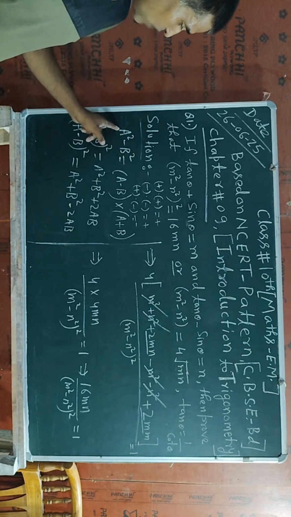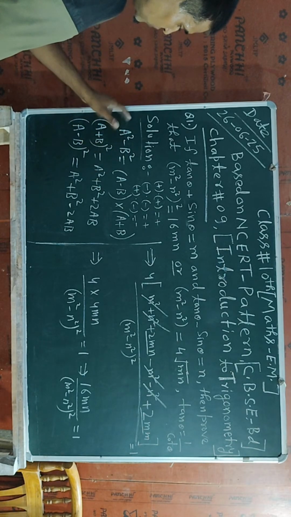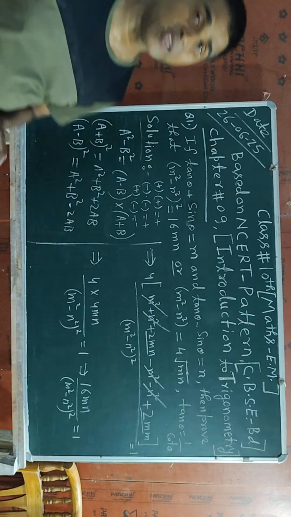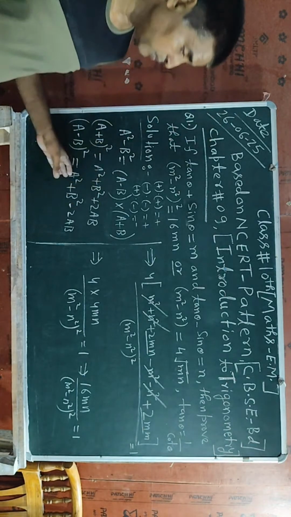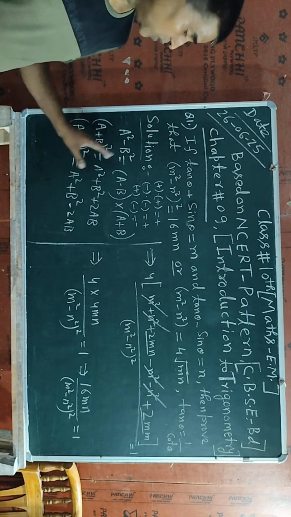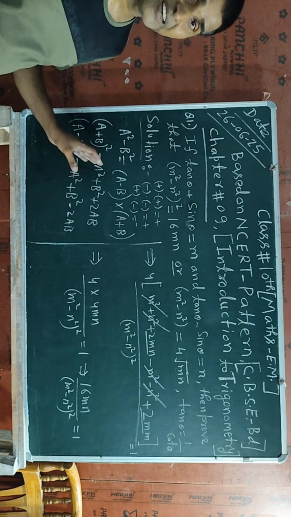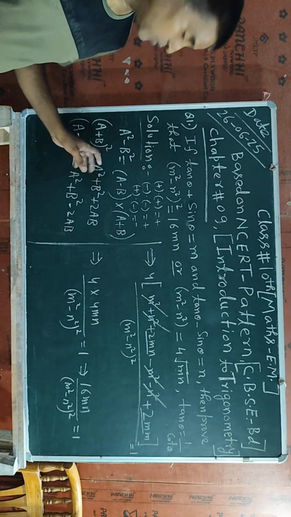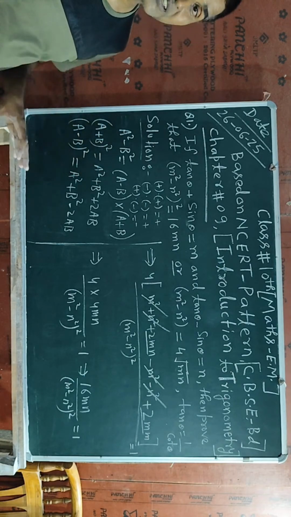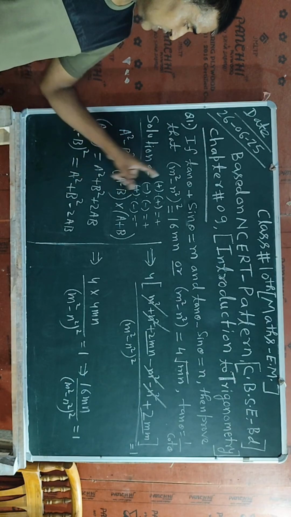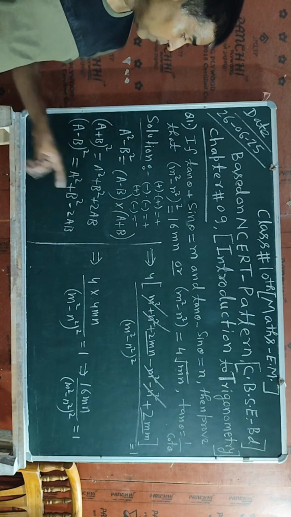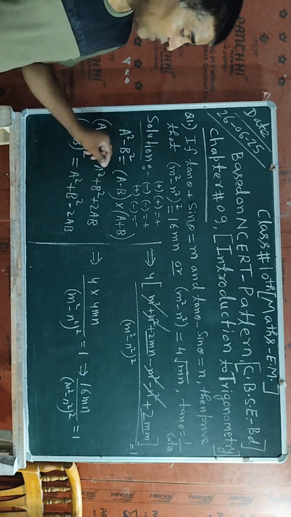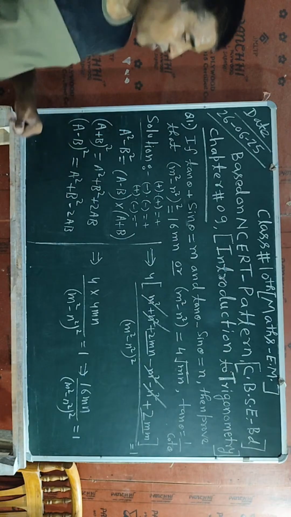And this is also an identity, and each and every identity here, 1, 2, 3 identity, each and every student has to remember it because this identity will be important for competition, because if you solve any competitive question, you have to use this information in detail. Okay, so all this information will be important for your exam.